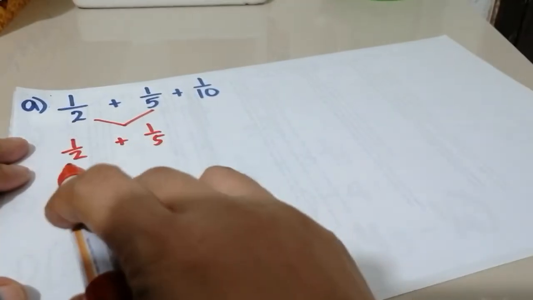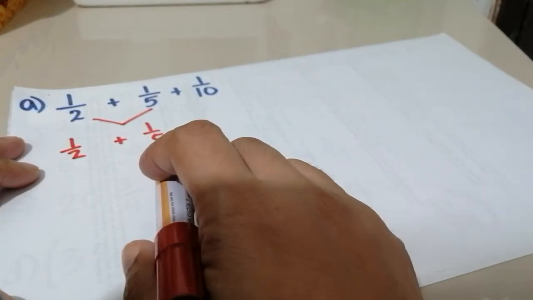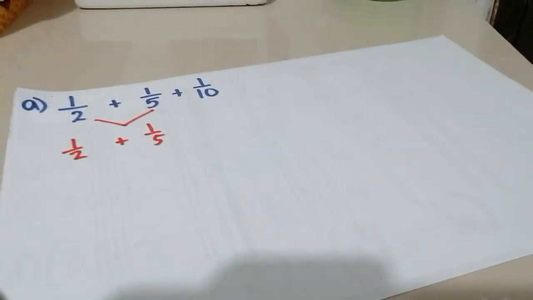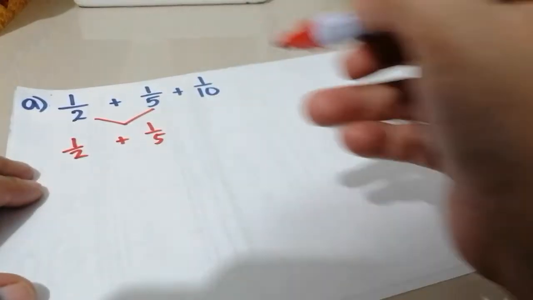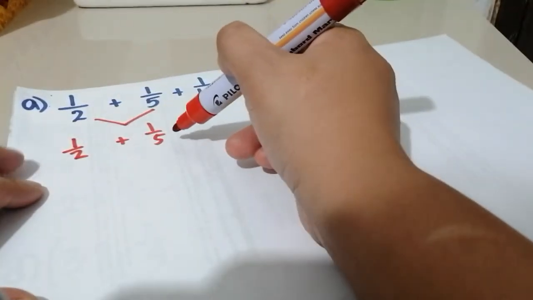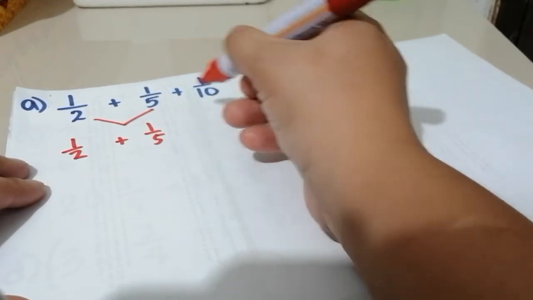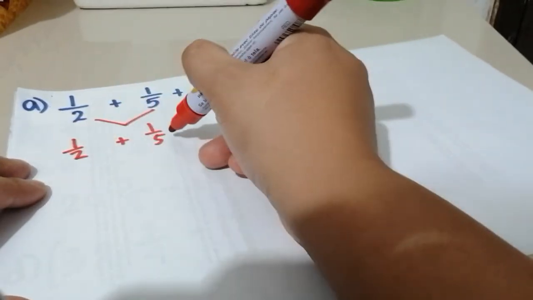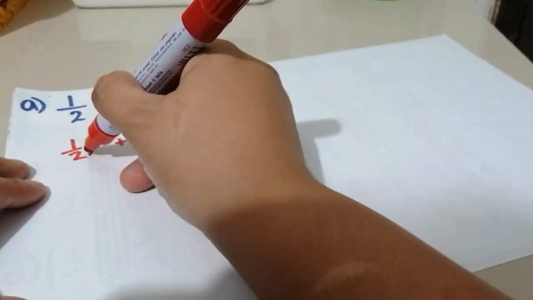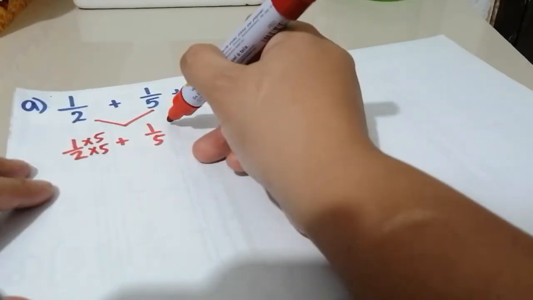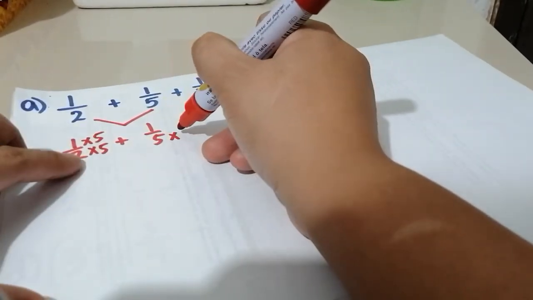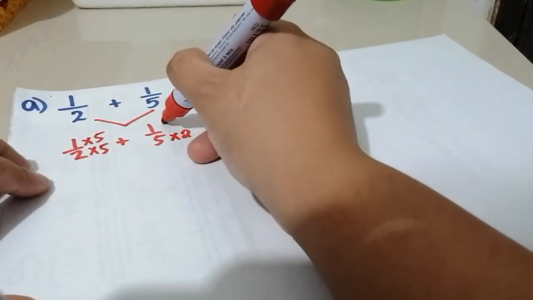Since the denominators are not the same, we need to make the denominators the same by getting the LCD. Okay? As I discussed before, the easiest way is to interchange the denominators. So, this 1/2 here, we multiply it by this one, so we multiply by 5 on top. And then here, we multiply by this denominator, 2 times 2, and times 2 also on top.